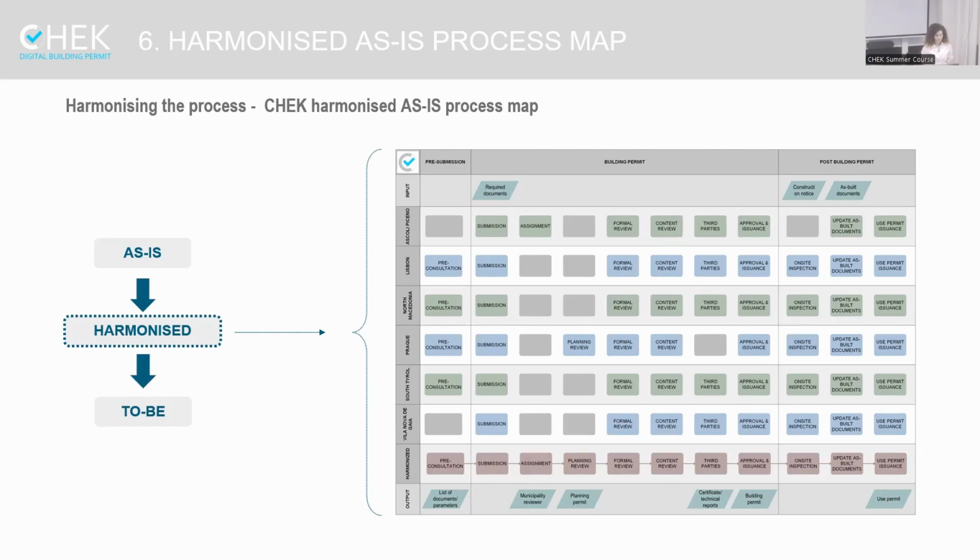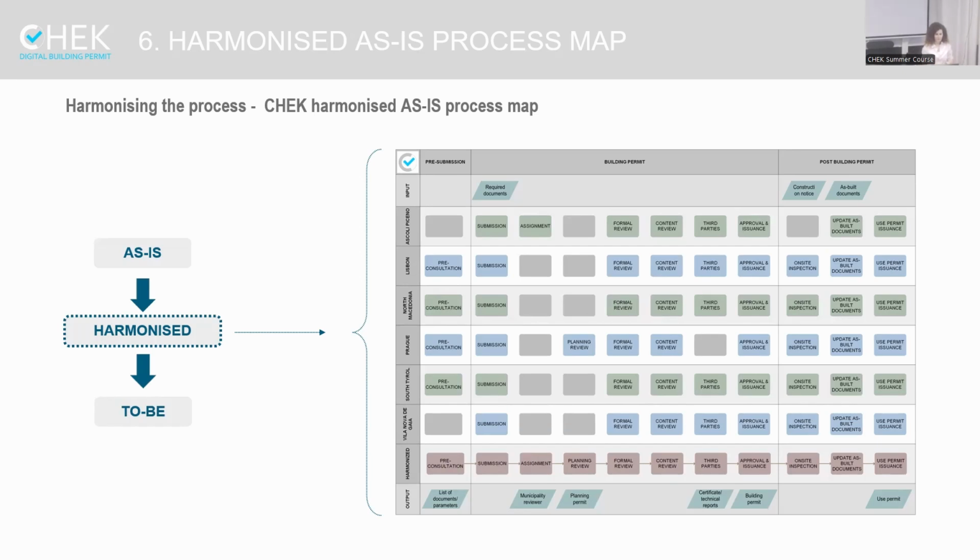So what do we do to pass from the as-is to the to-be? Because the Czech to-be was going to be a process that was inclusive of all municipal processes.